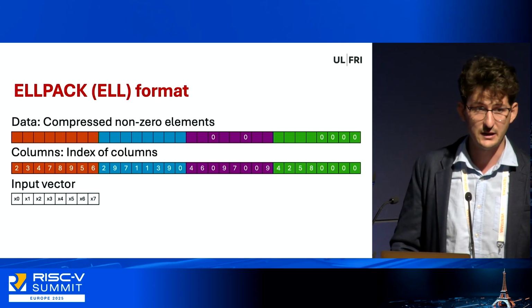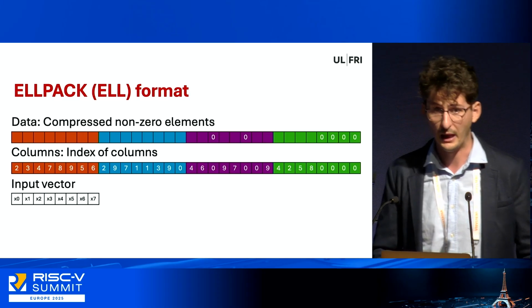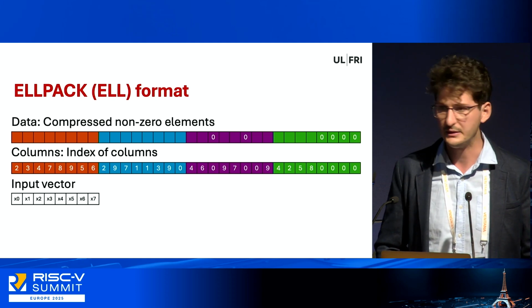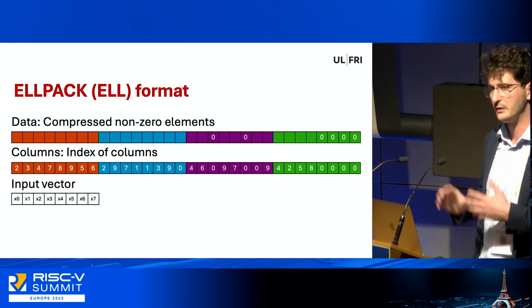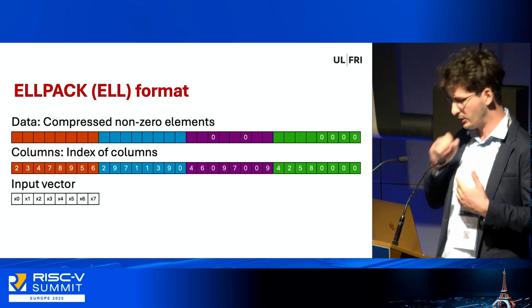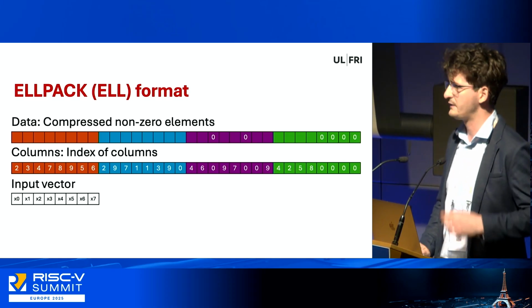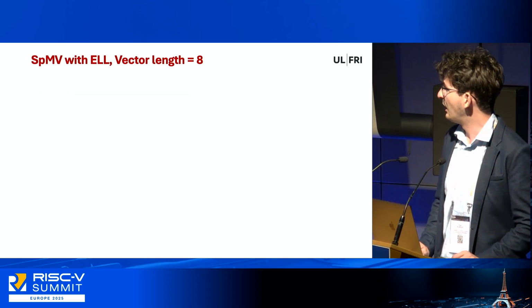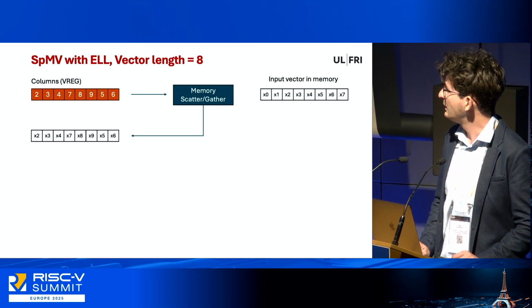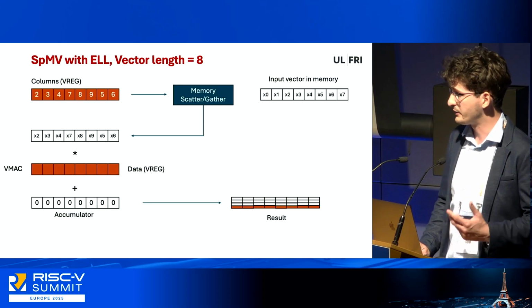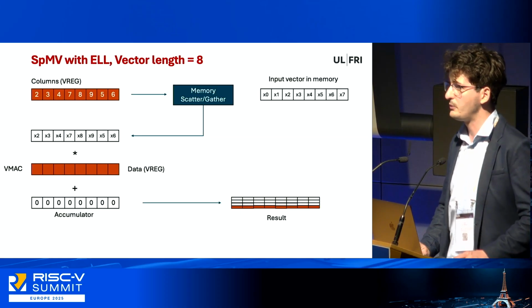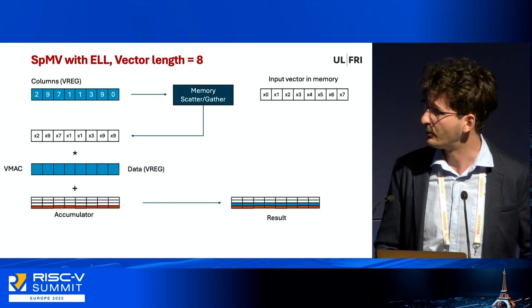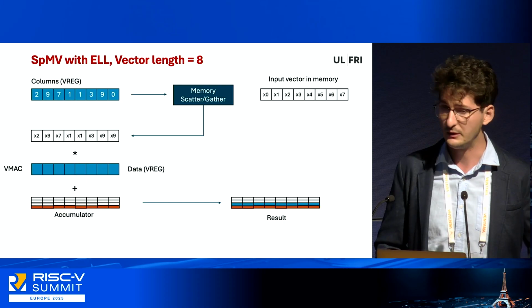Besides the CSR, we are also using the LPAC. The LPAC is similar to CSR, but it allows storing some zero elements, which enables better computation and better parallelization. When using it for the SpMV, we rely on iterative multiply and add operations, just doing it in this fashion.